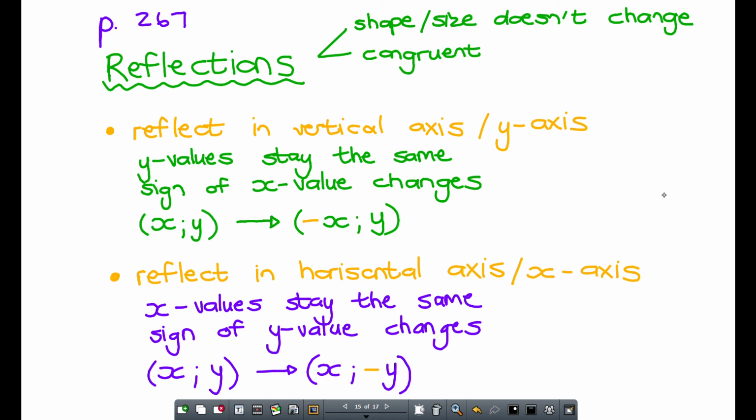Anyone still copying here? Tell me when you're done. Anyone else still copying?